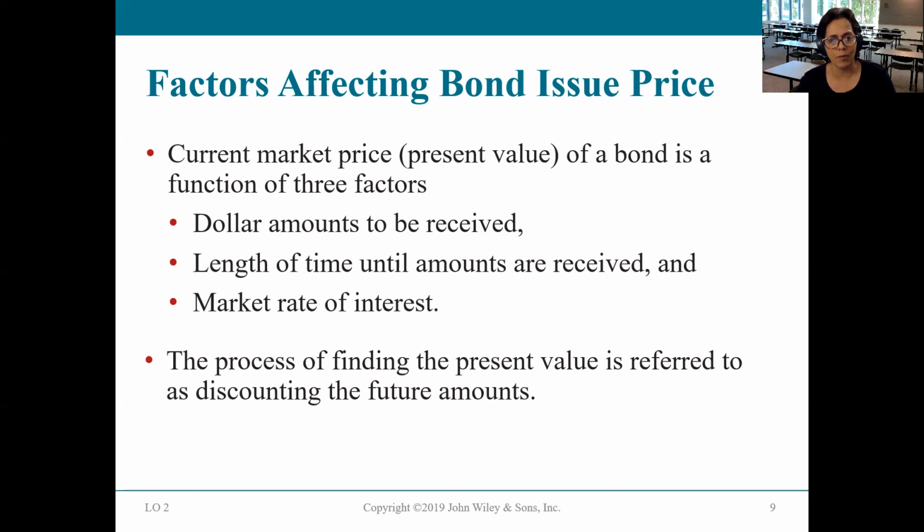That's a one-time payment, so the present value calculation is the present value of a single sum. The interest payments are annual. It's a series of cash flows, so that's going to be discounted as the present value of an ordinary annuity. Those two present values put together will give you the bond issue price.